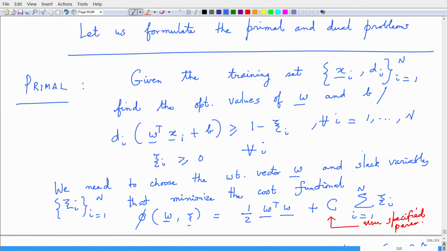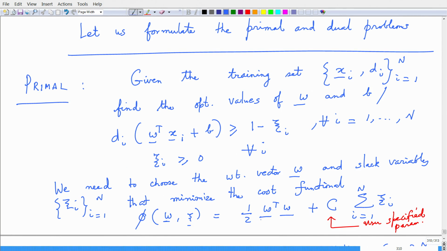We formulate the cost functional, which is half W transpose W plus the constraint that averages these misclassified points, and we want to solve this cost functional subject to these constraints.